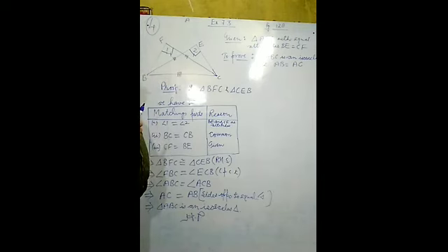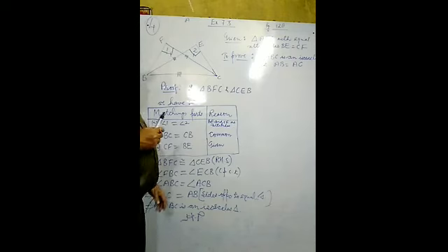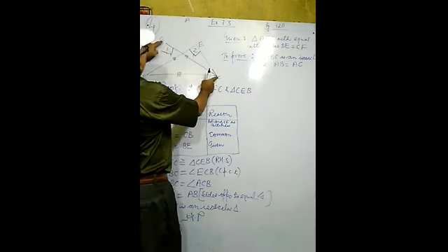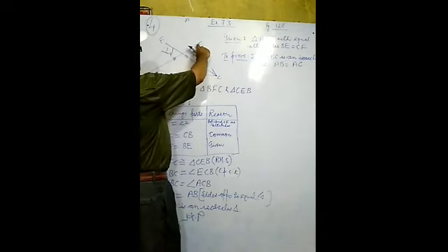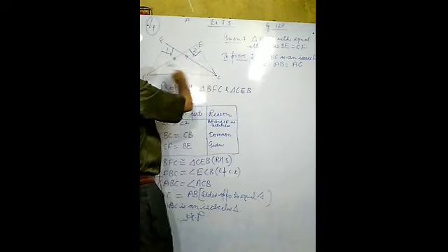Both are common here, and we require one of the sides. This information is already given: CF of this triangle equals BE of the second triangle.